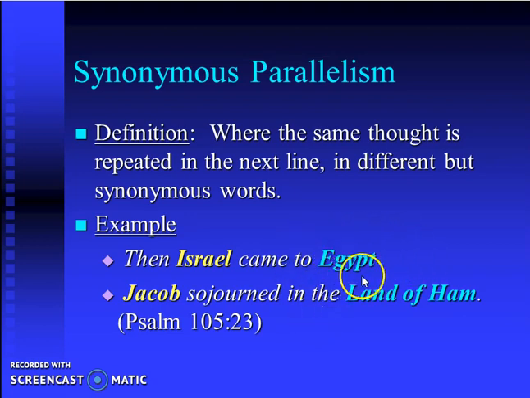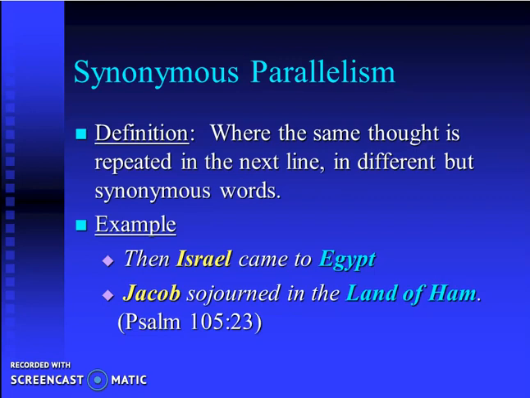Egypt is parallel in this case with the land of Ham. Ham was one of the 3 sons of Noah. His descendants ended up settling primarily in Africa. And so Egypt and land of Ham are, in this context at least, synonyms, although Egypt would be a smaller portion of the land of Ham.